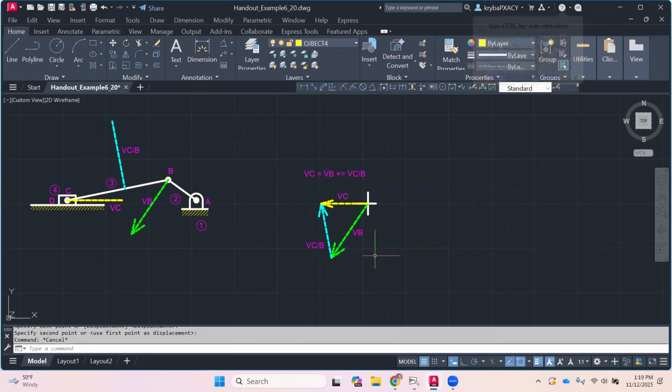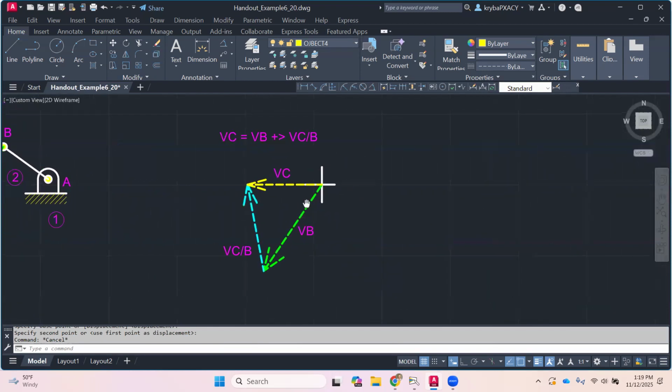Do you see how we use the relative velocity equation to solve for not only the magnitude, but also the direction of the two unknown variables?